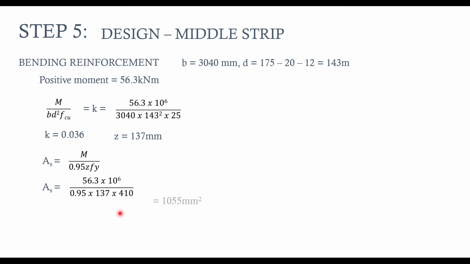At the end of the day, you are going to have an area of 1055 millimeters squared. So that means you have to provide reinforcement that is slightly higher than this area. So we say we provide 10 T12, that is 10 number of 12 millimeter reinforcement, which gives us an area of 1131, which is slightly higher than this.